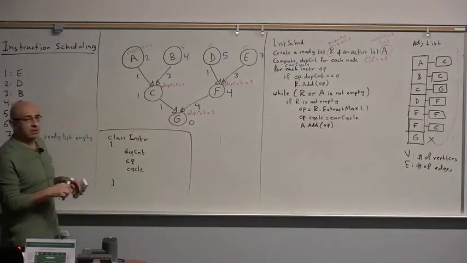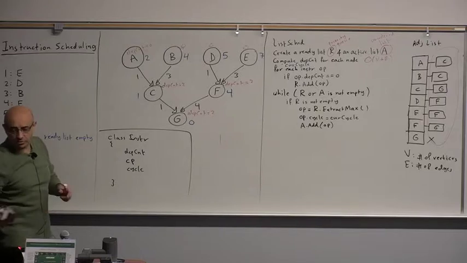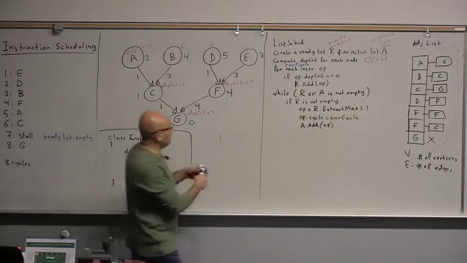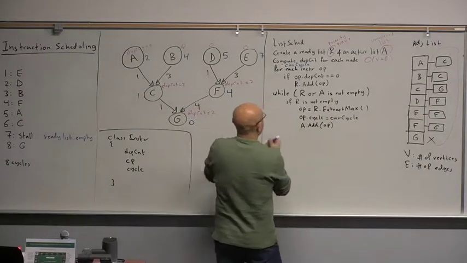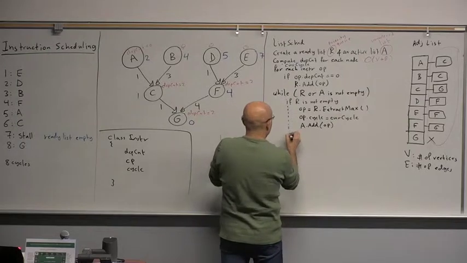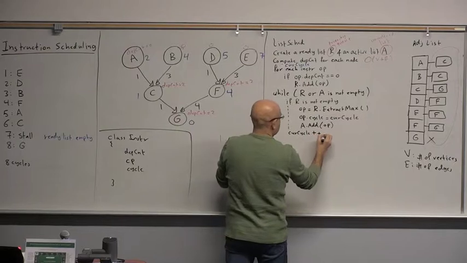OK, so now we have scheduled this. Now, in order to make progress in this algorithm, what do we need to do? Increment the cycle. So after we do this, current cycle plus plus.